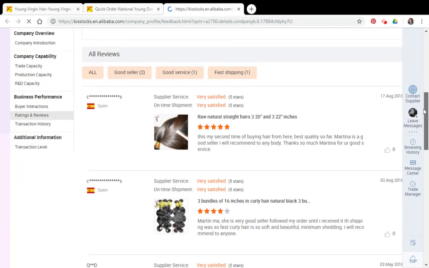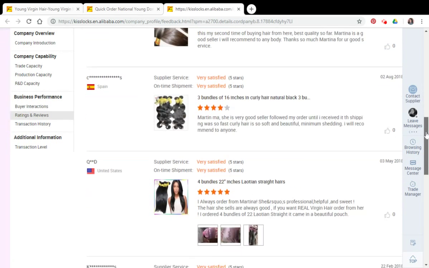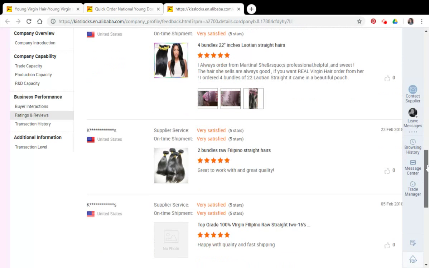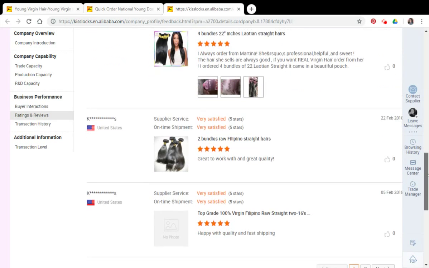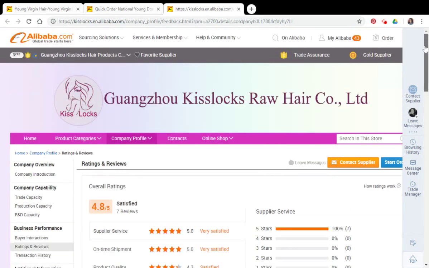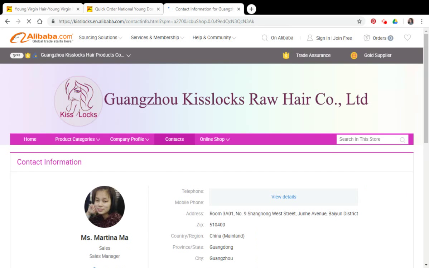Okay. So they're saying that the hair is pretty decent. I don't know if it's Filipino hair. If I want Filipino hair, I would go to the Philippines. So the reviews are saying that the hair is pretty good. Okay. It is a manufacturer.